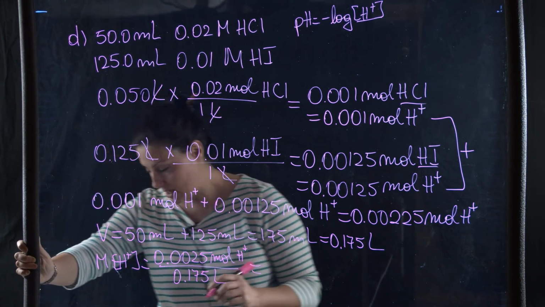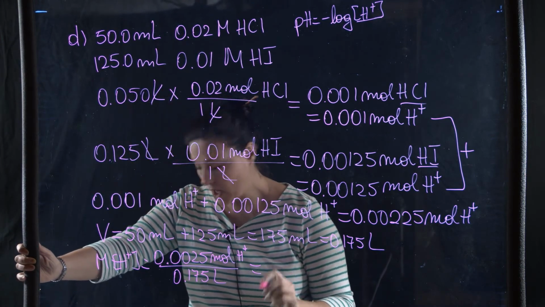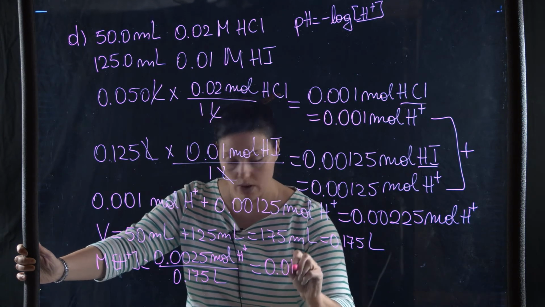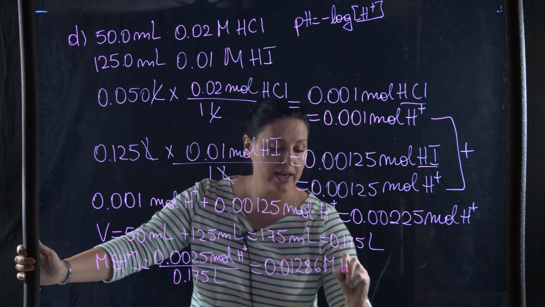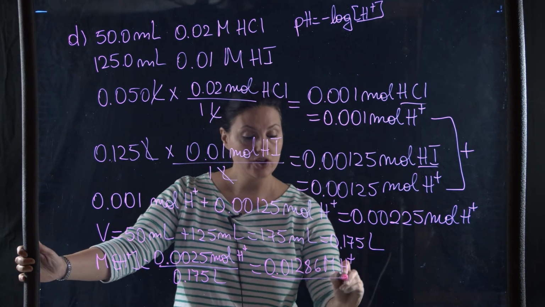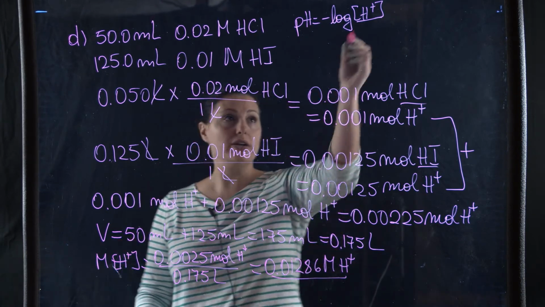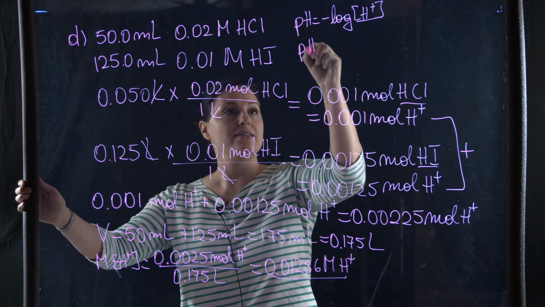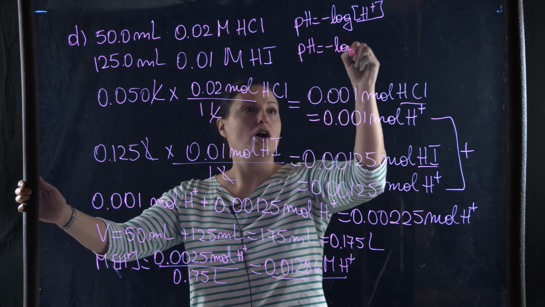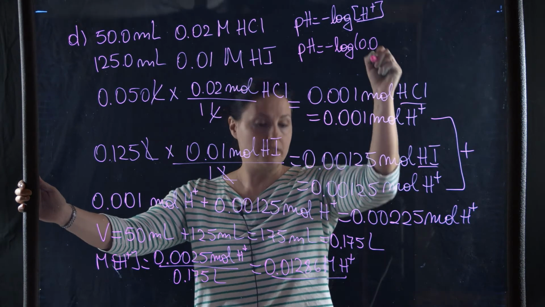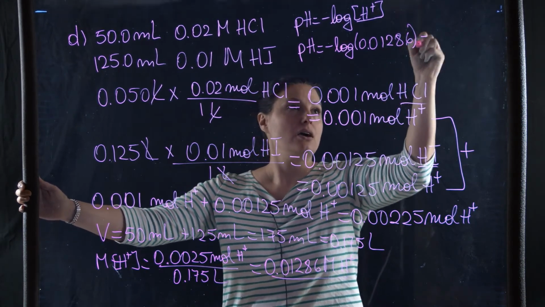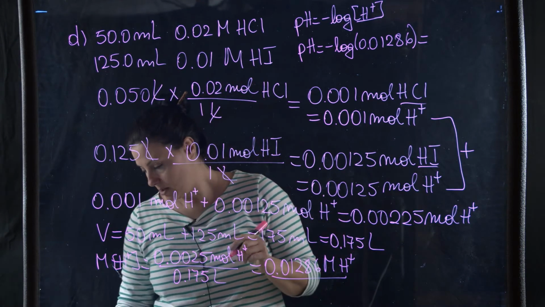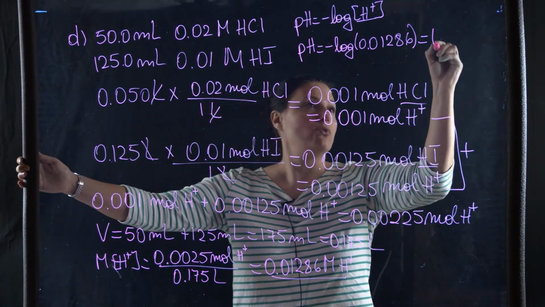This will give me a concentration of 0.01286 molar H plus. Now that I know the concentration in moles per liter, I can go up here and find the pH: minus log of 0.01286. And if you do that, you should get a pH of 1.89.